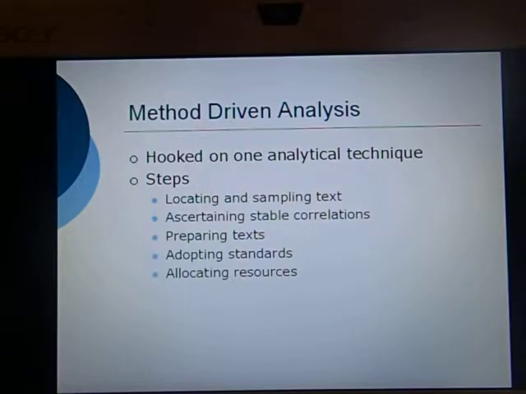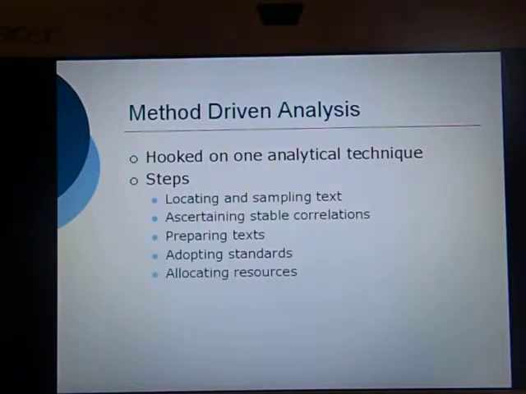Our last way of entering an analysis is the method-driven analysis, and this is where a researcher is hooked on one analytical technique, so they look for research where their preferred method is applicable. There are 5 steps here, and the first is locating and sampling relevant texts.